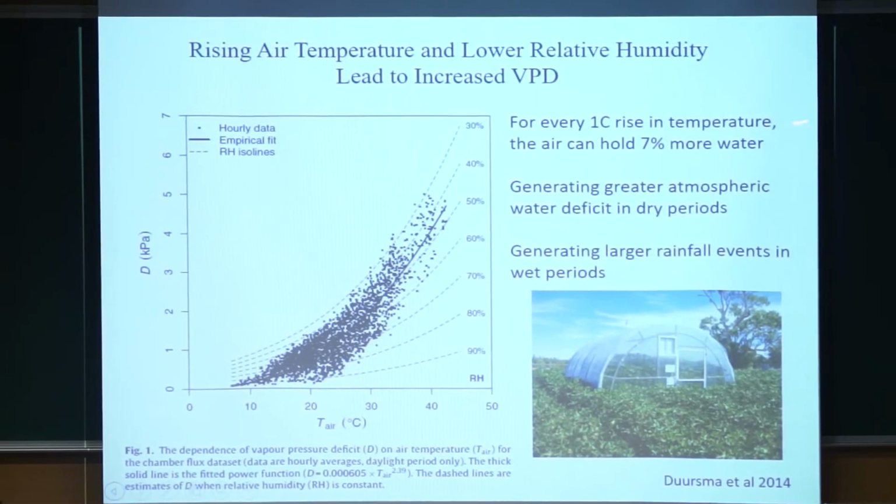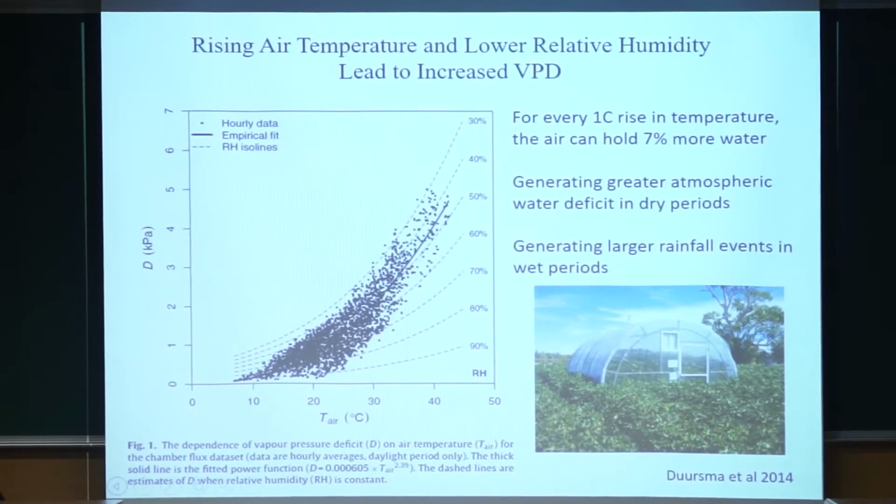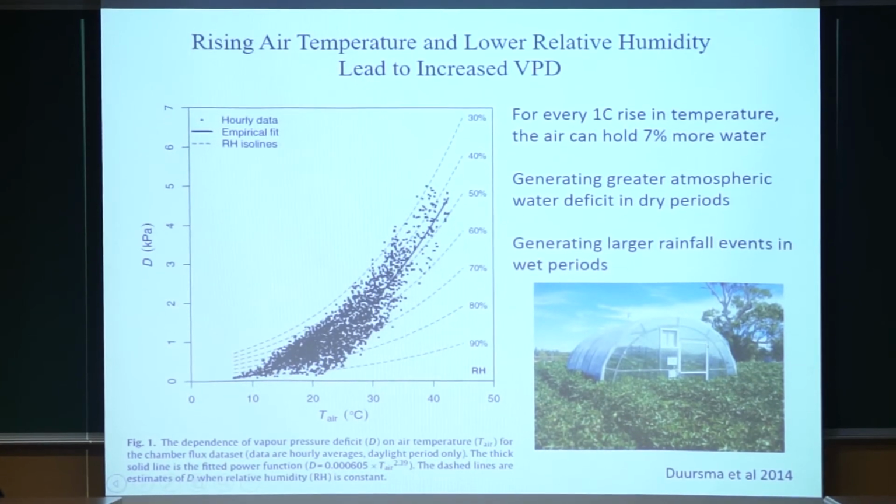It generates greater atmospheric water deficit in dry periods because the air can hold more water before it rains. It also means that it can generate larger rainfall events in wet periods because the air is now holding a lot more water. So what we're getting are longer periods of dry, and when that dry is broken, we're seeing really large rainfall events. And part of it is due to that.